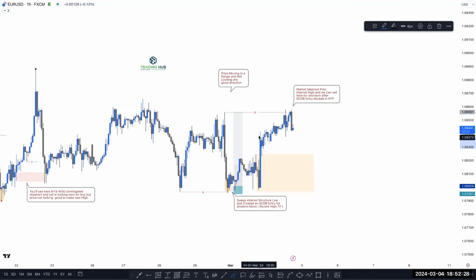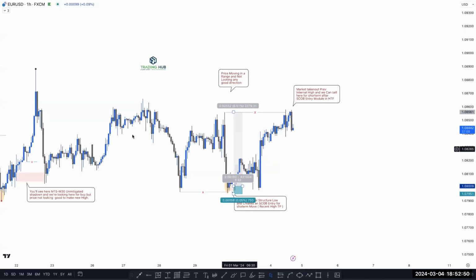Price must be mitigated by a valid pullback before continuing higher. Market just mitigated by a shadow. Price can push downside to mitigate this order flow and then continue higher, because this one is an unmitigated order block here. Look at this one. That's why price must be mitigated by a valid pullback.